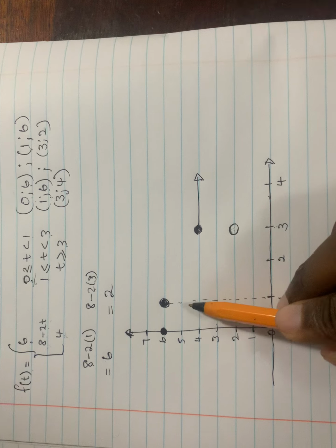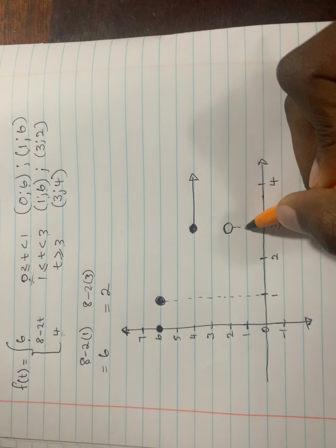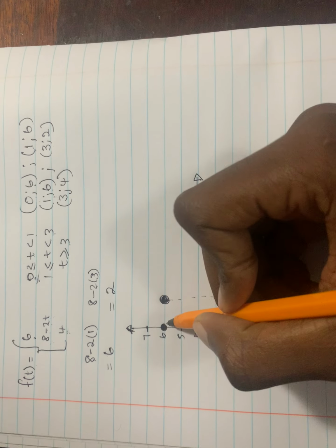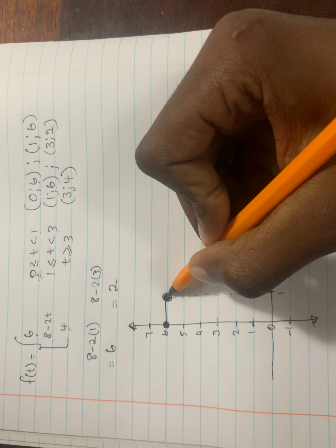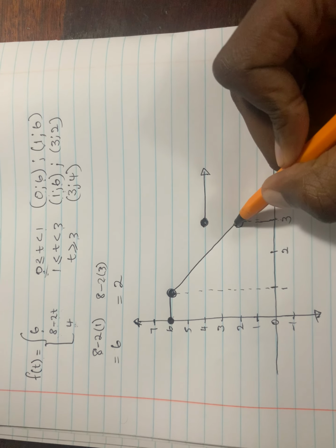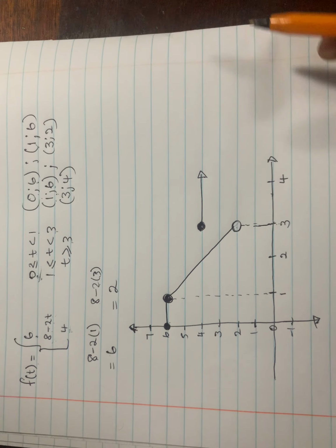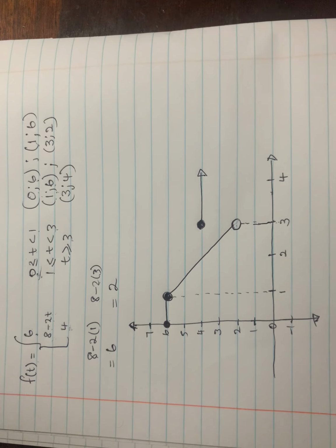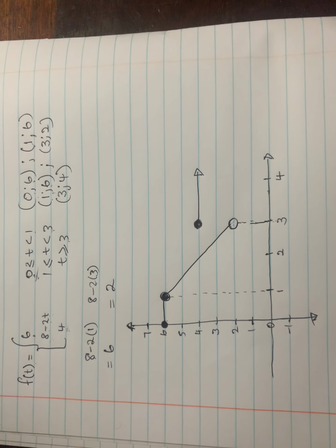But now we can also connect our dots here. So we connect here, you draw with your ruler, and your graph should look like this. Okay, so this is how you draw your graph.